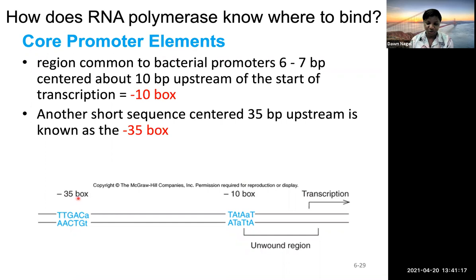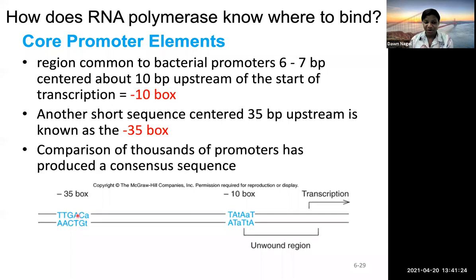So bacterial core promoters have -10 and -35 of these sequences. And this is present in thousands of bacterial promoters that we have checked. And we also know that this spacing is absolutely critical, just because of the way that the polymerase binds and the size of the polymerase enzyme. And so the spacing is important.